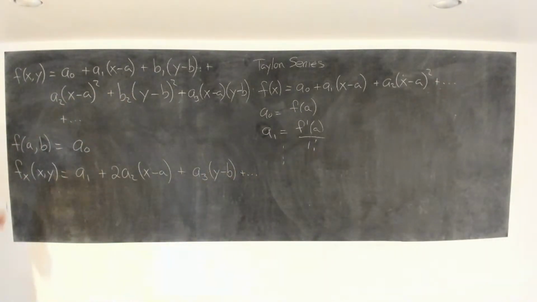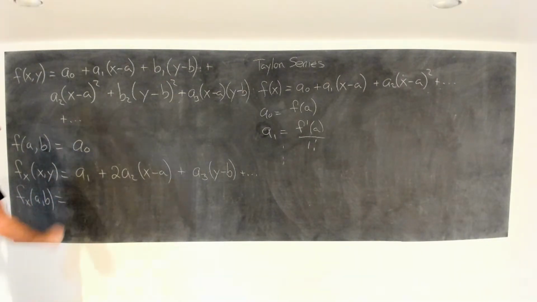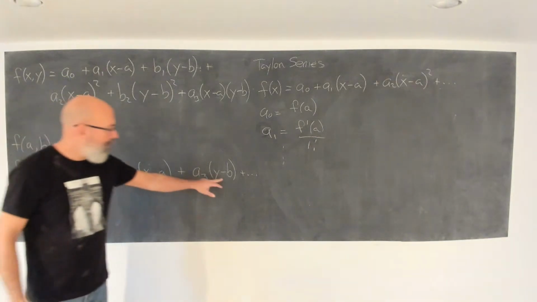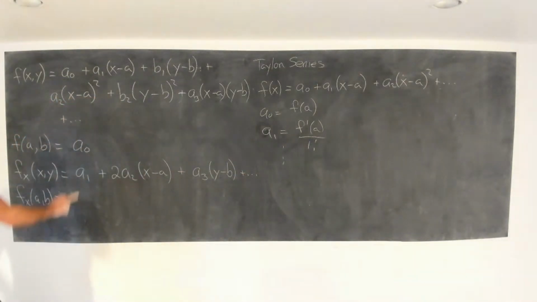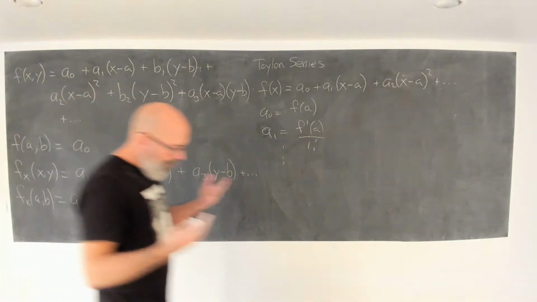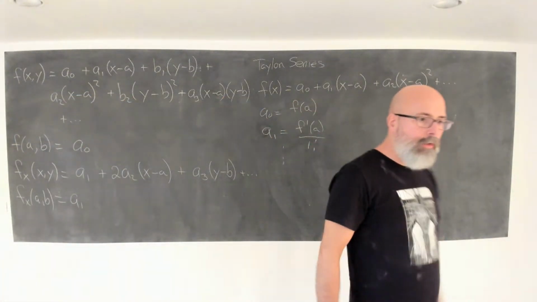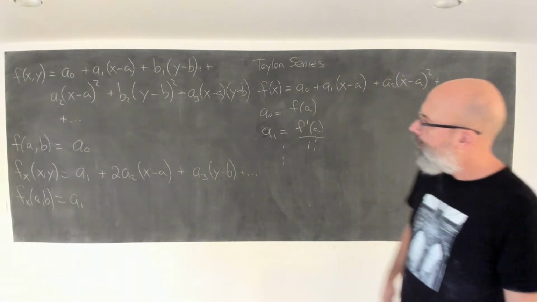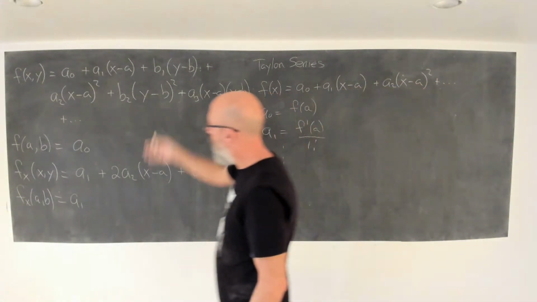And if you plug in the point (a, b), that's gone, that's gone. Everything is gone except a1. Everything is gone except what should remain. And so on and so on, right?